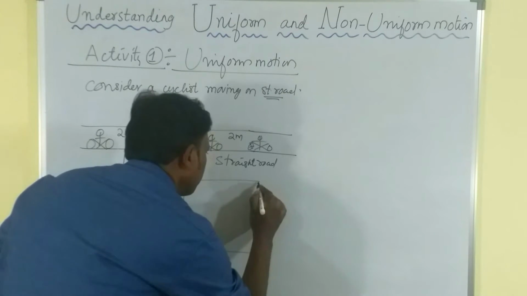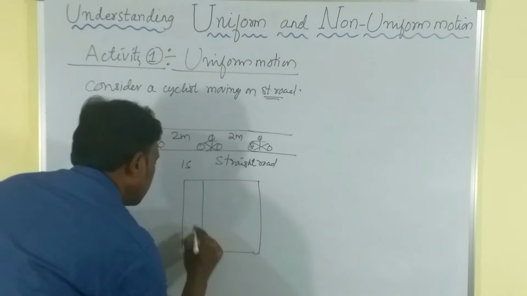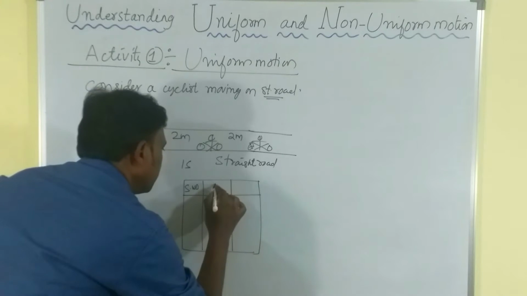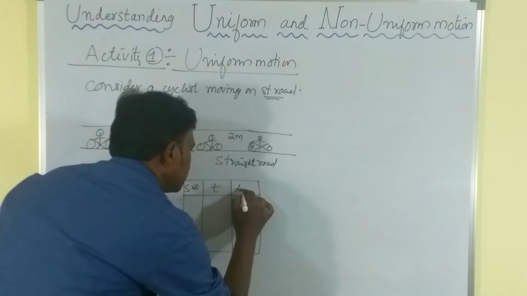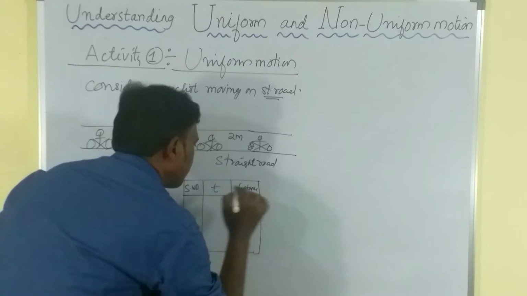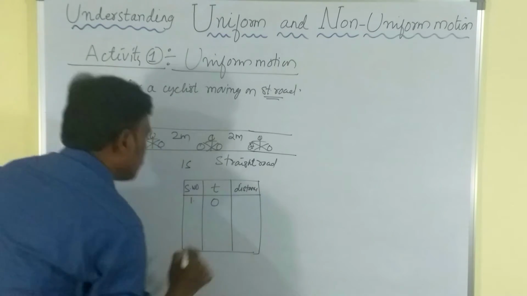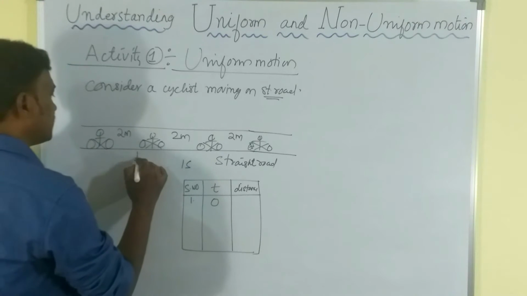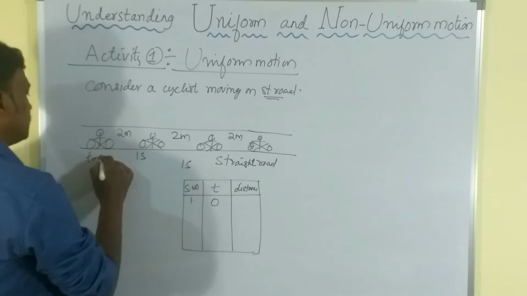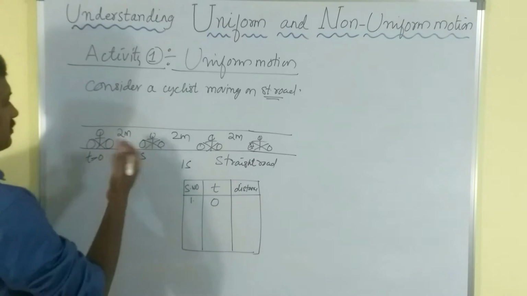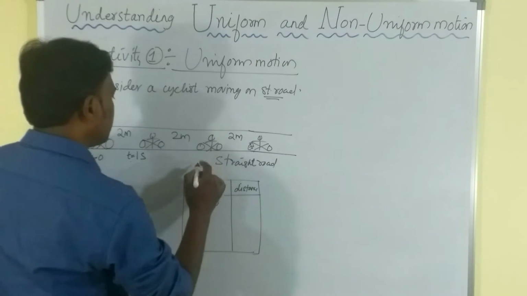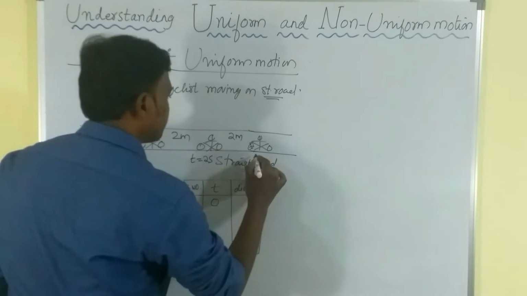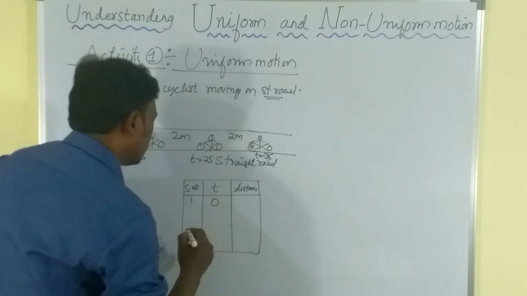If you see it in a tabular form, let me take the time here and the distance. When the time t is equal to 0, the distance is also 0.